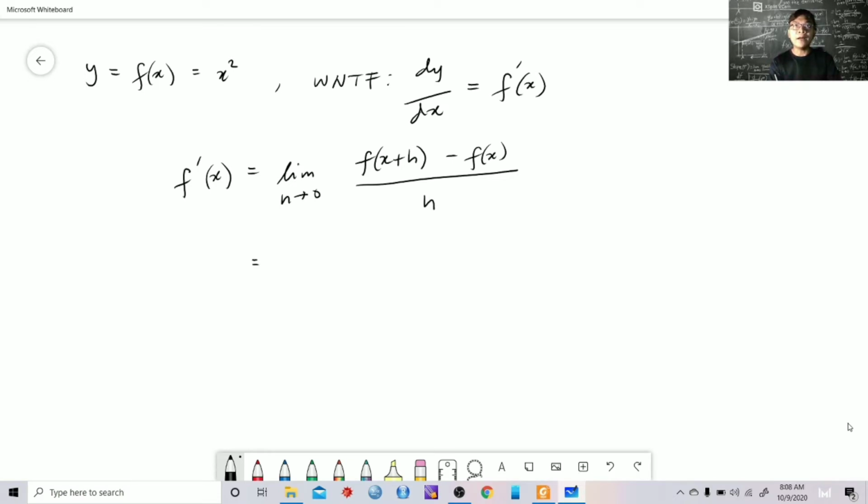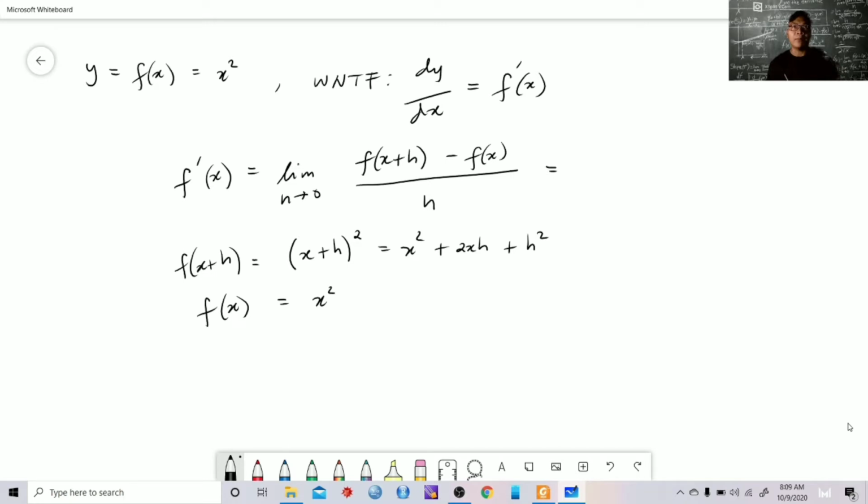First we need to find f of x plus h. We input x plus h to the function f, so we get x plus h squared. Now expanding this, we get x squared plus 2xh plus h squared. We all know that f of x is equal to x squared. So now we can substitute the given values into the definition of the derivative.